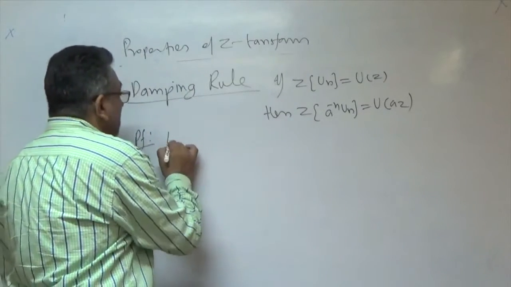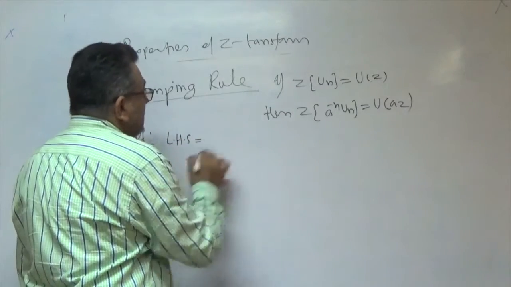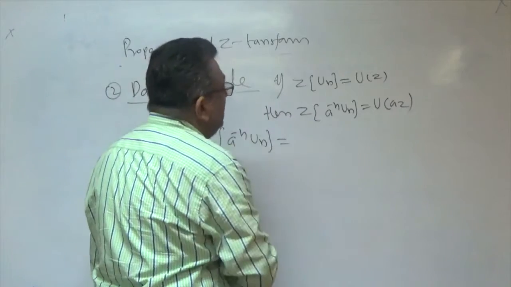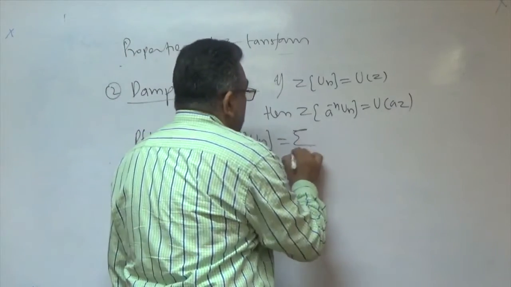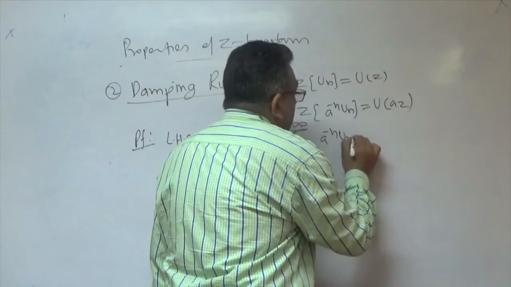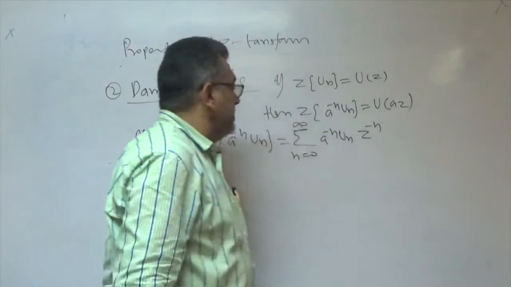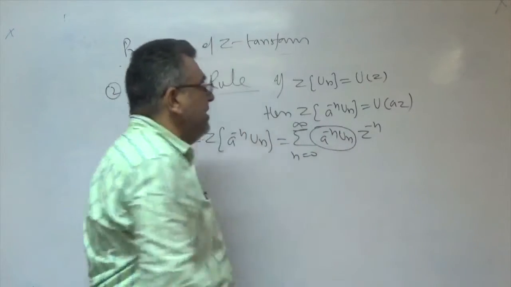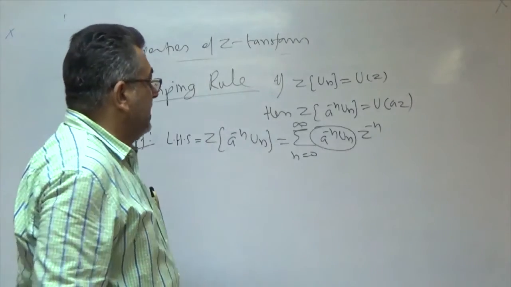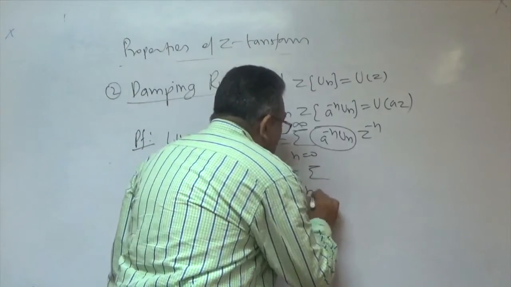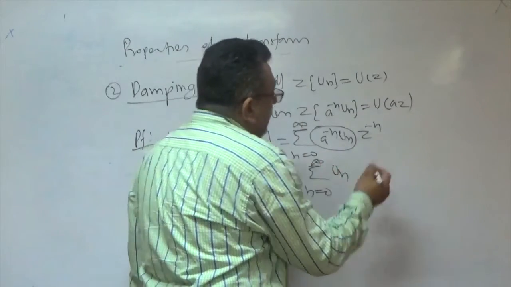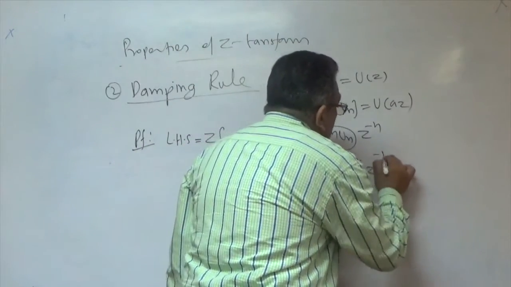If we take the left hand side directly, that is the Z transform of a to power minus n un. Then by definition, this is sigma n equal to 0 to infinity a to power minus n un into z to power minus n. You take this combined sequence and then multiply by z to power minus n. It can be written as sigma n equal to 0 to infinity un times (az) to power minus n, combining a to power minus n.